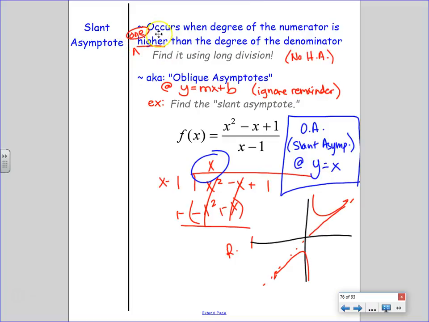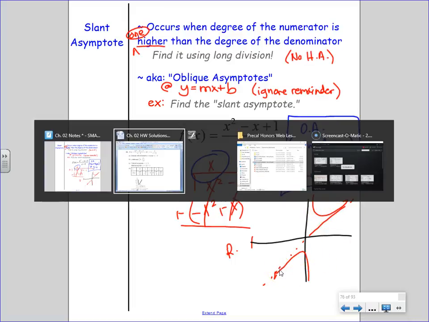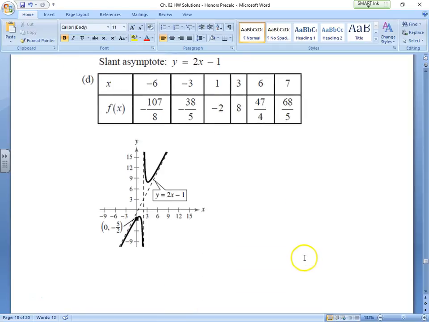A slant asymptote happens when the top is greater by 1. How do we find it? Divide. And we take everything out of the answer but the remainder and set y equal to that, graph that line, and that function is going to get closer, closer, closer to it, like in the example that you can see right here.